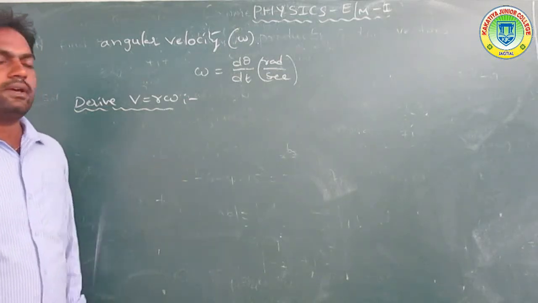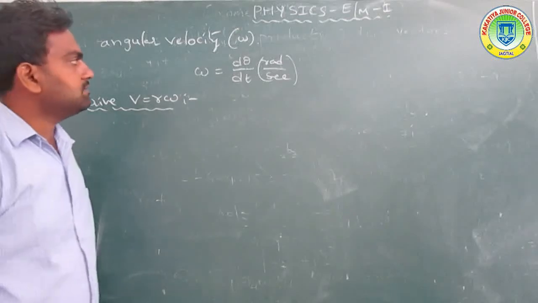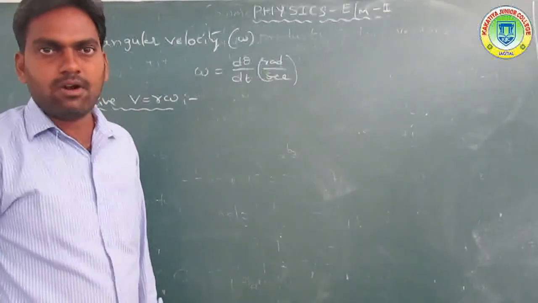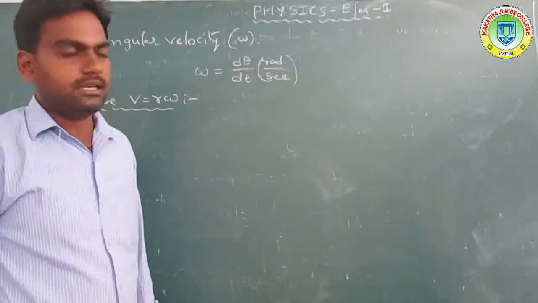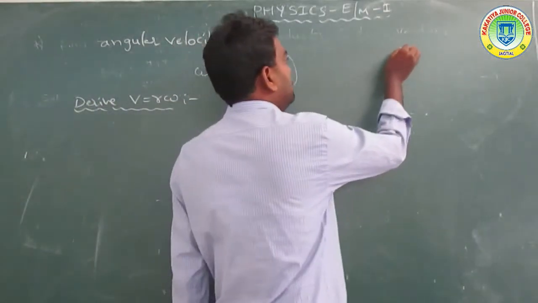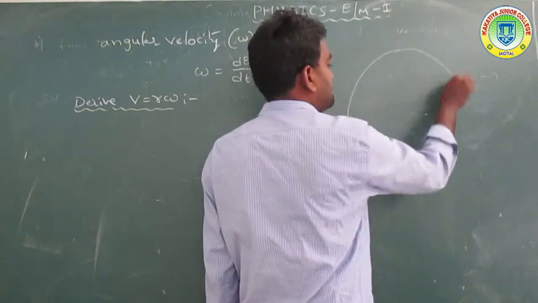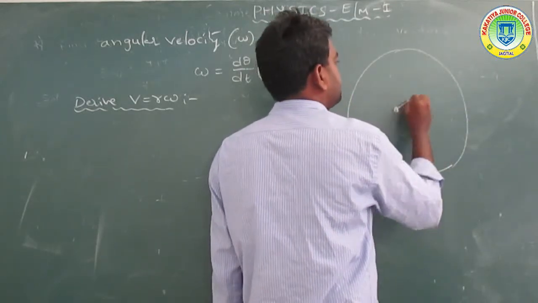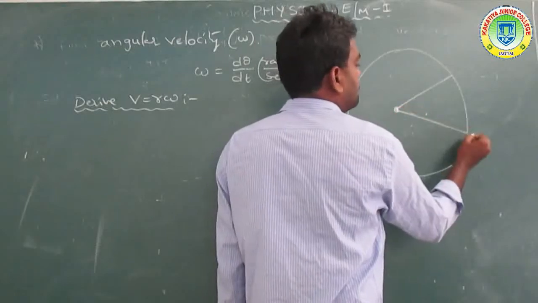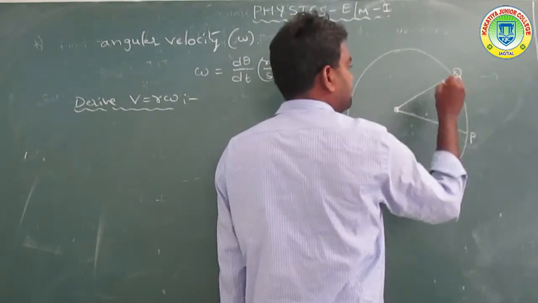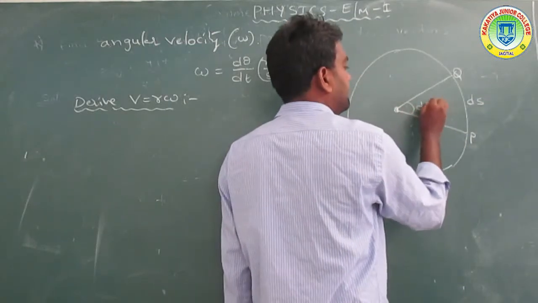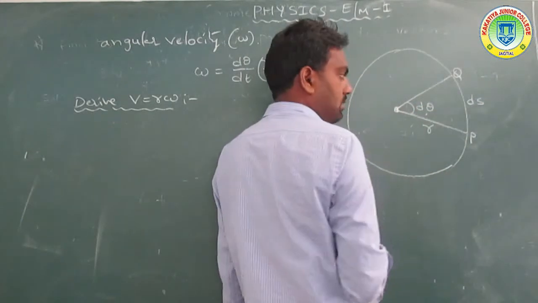So what is angular velocity? The rate of change of angular displacement is called angular velocity. Now consider the circumference of a circle. The particle moves from P to Q with a displacement ds, angular displacement d theta, and radius r.